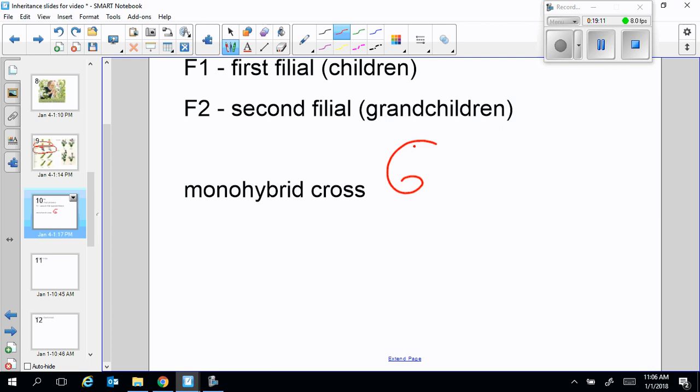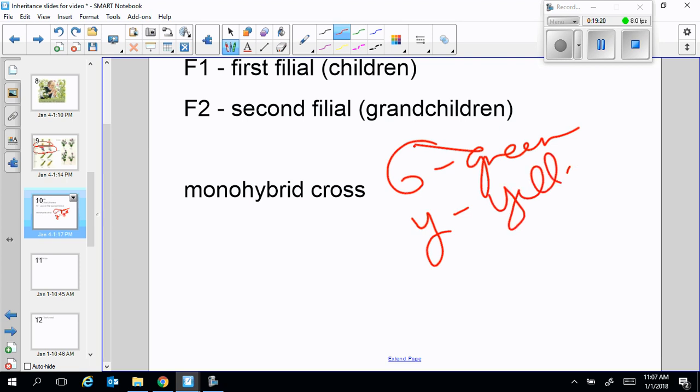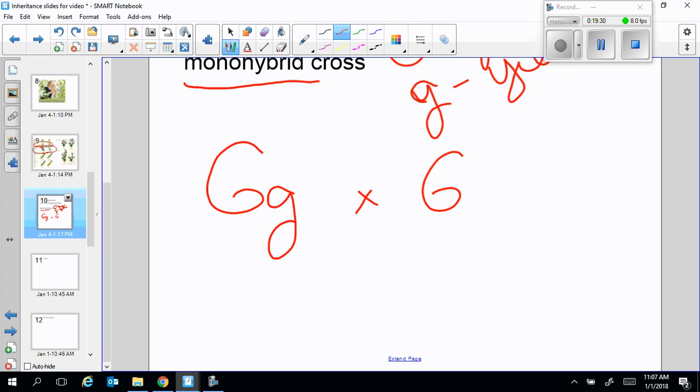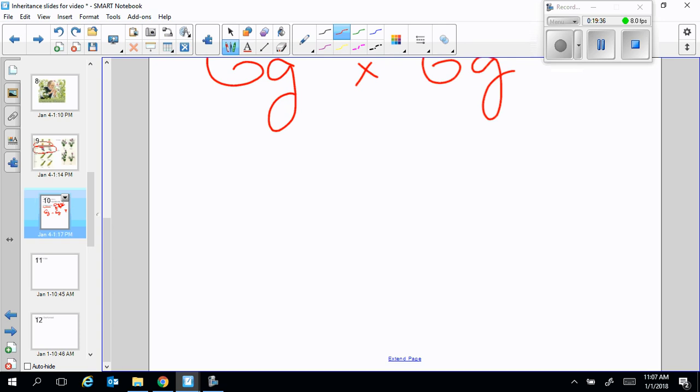So I'm going to say big G is green, and this is the seed color, and little g is yellow. Sorry, you've got to have the same letter. If I do a monohybrid cross, that means these are my two parents. I'm going to put a P right here to show that is my parent. All right, I do the cross.